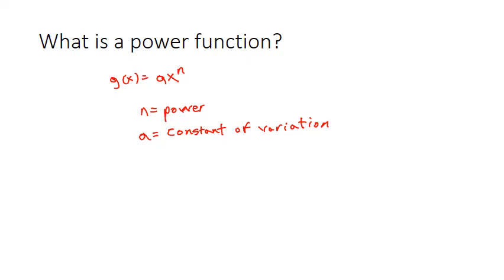So as an example, if I had 5x squared, 2 would be the power, and 5 would be the constant of variation. For power functions, there's some general patterns that they fall into.